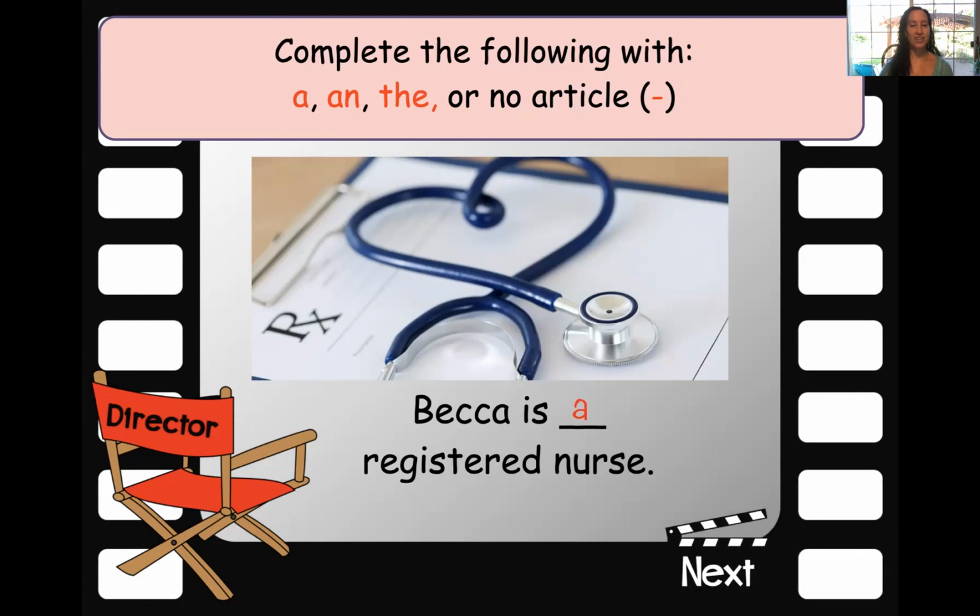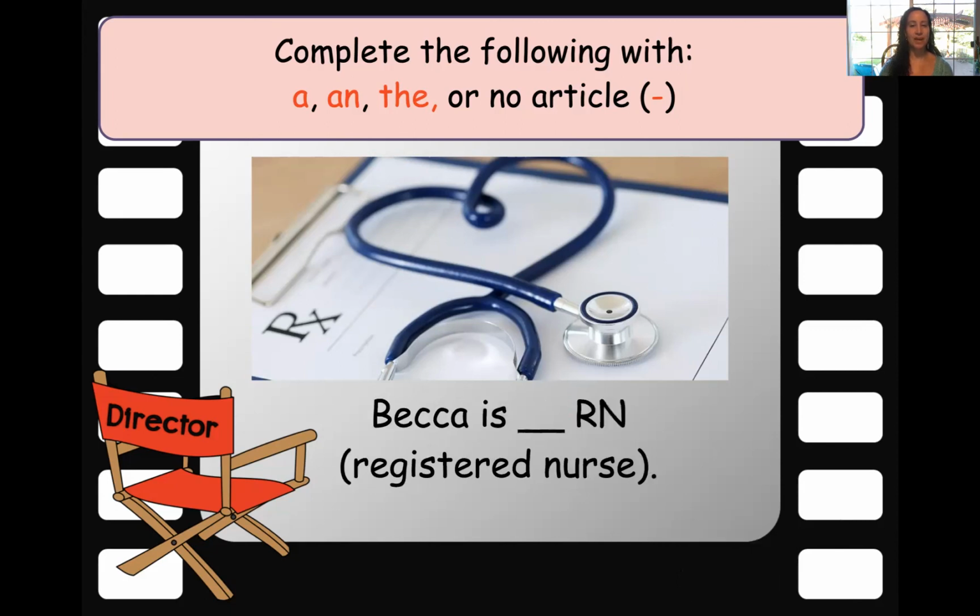Did you get that one? Okay, get ready for the next one. It's a little tricky. This will be fun. Becca is blank RN. Okay, now what does RN sound like? Now I'm not saying Becca is a registered nurse. RN is just an abbreviation for registered nurse.